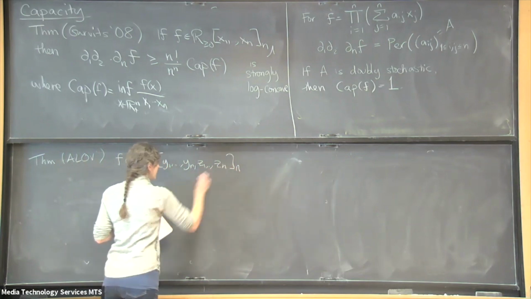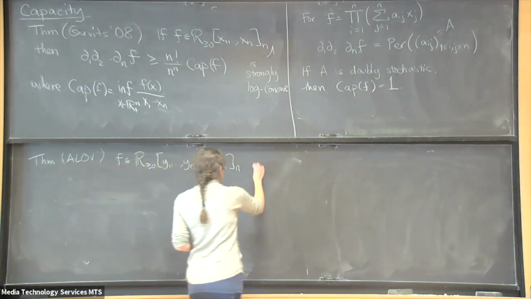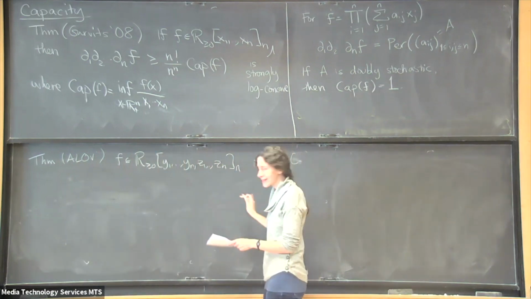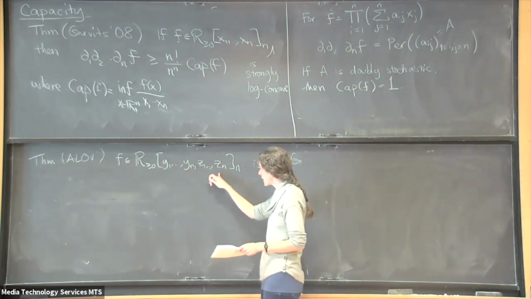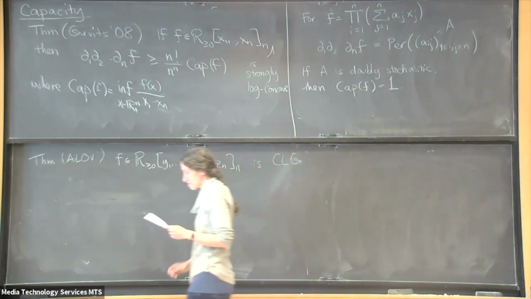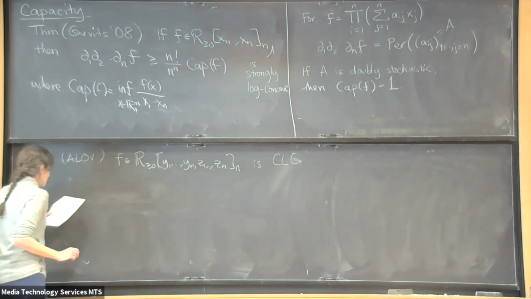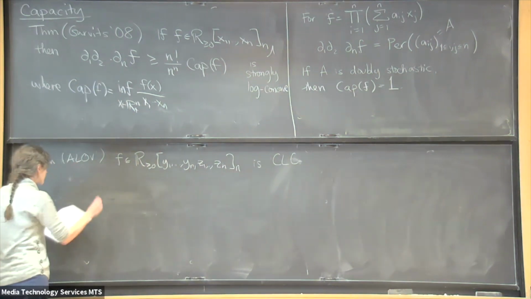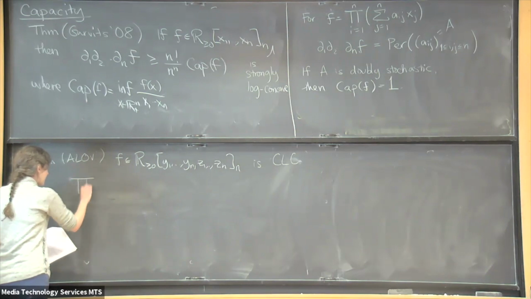So suppose you have a completely log-concave or strongly log-concave polynomial f, in two sets of variables, of degree n.